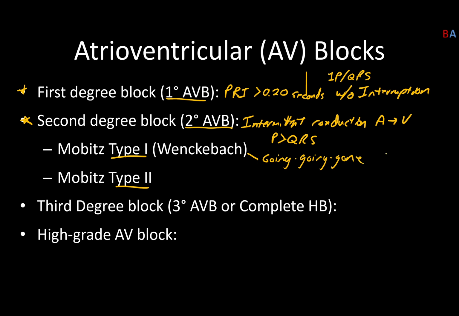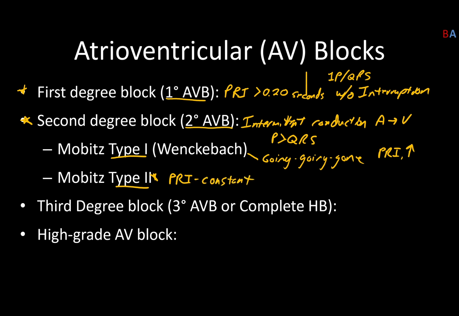And what that means is that the PRI increases with each successive beat until there's a dropped beat. And I'll walk through this stuff in more detail. I'm just giving you the high view right now. As for second degree, type 2, what makes this one unique is that the PRI is constant.